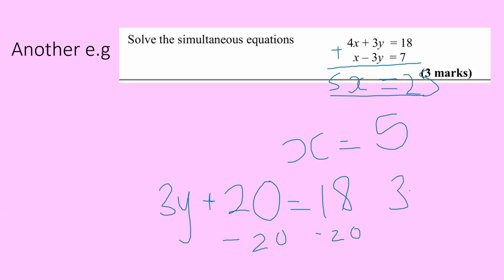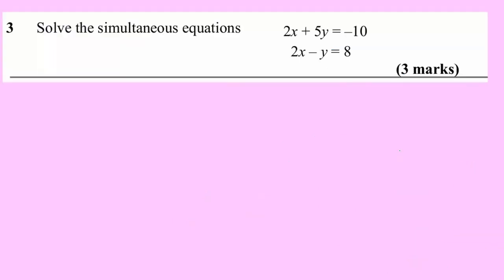Then we get 3y equals 18 minus 20. 3y equals minus 2. So then y is minus 2 divided by 3, which is minus 0.6, or you could just write this.